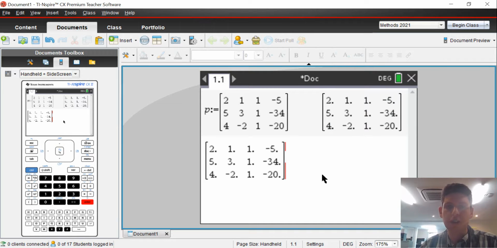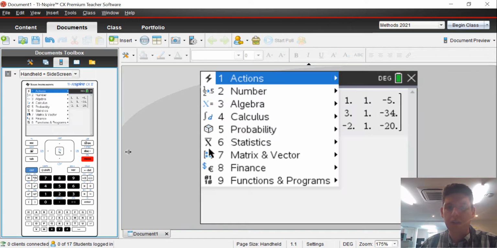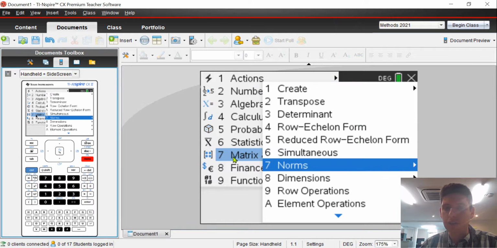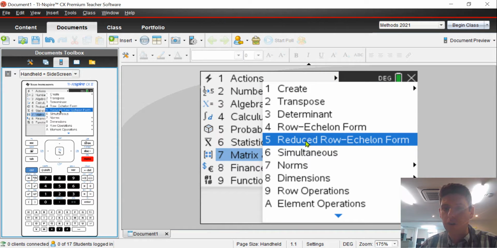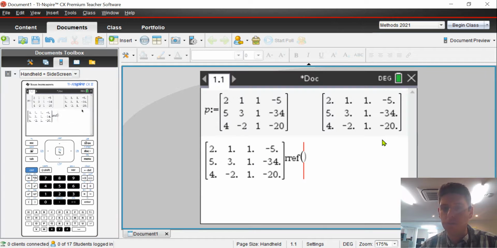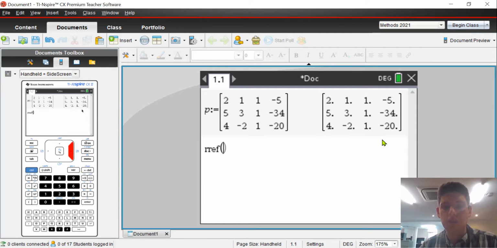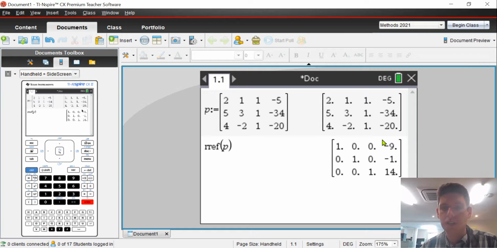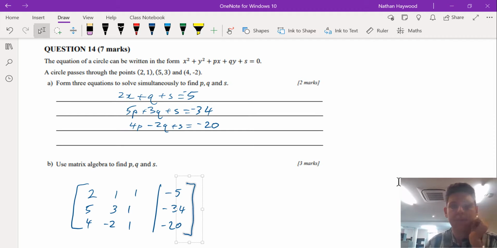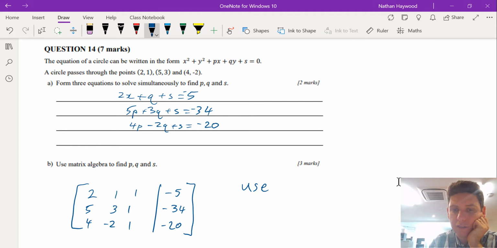Now once you have your matrix, you need to go to matrix and go reduced row echelon form. And that's going to turn your matrix into the solution. So now we have our P value, Q value, and S value. So you probably need to communicate this.